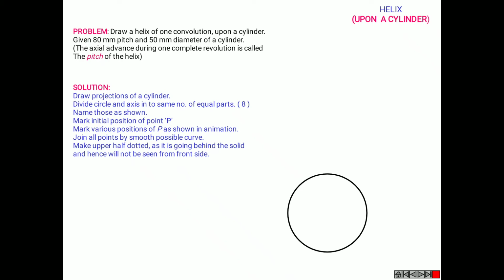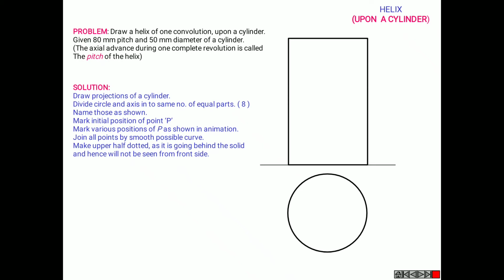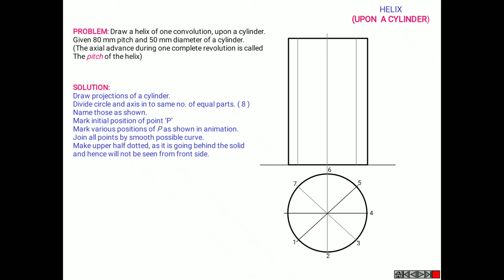So, a cylinder: top view looks like a circle which has a 50 mm diameter, and front view looks like a rectangle with its projected height of 80 mm pitch. Now divide the circle into 8 equal parts and name them as 1, 2, 3, 4 up to P, and take the projections in the same way towards the front view. Now mark the same points to the front view.